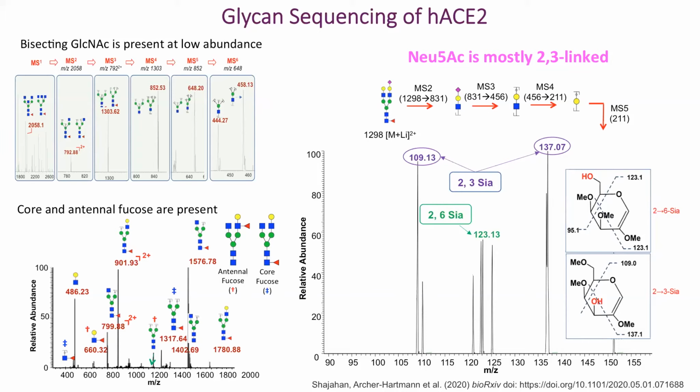Again, an important point is to figure out the position of the fucose group. So looking at fragmentations, we've figured out the difference between core and antenna fucose. Again, looking at fragments, this 660 fragment is diagnostic of having an ion which has antenna fucose versus the core fucose.